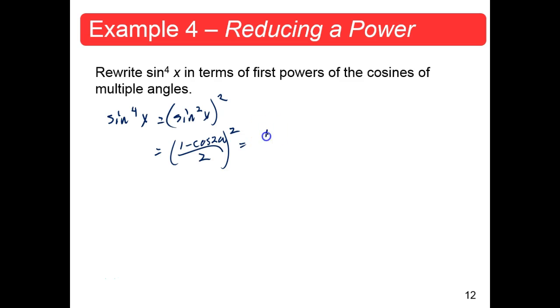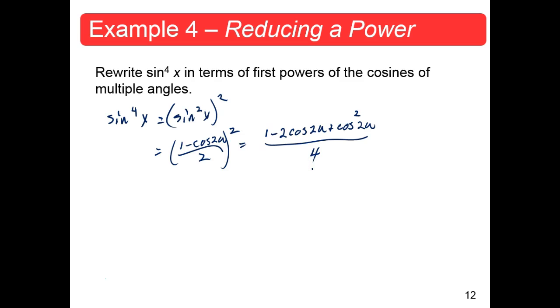That would be 1, minus 2 cosine 2u, plus cosine 2u squared, right? When you square a binomial, you square the first, twice the product of the two, and square the last, right? And that's all over 4, because you have to square the denominator too.